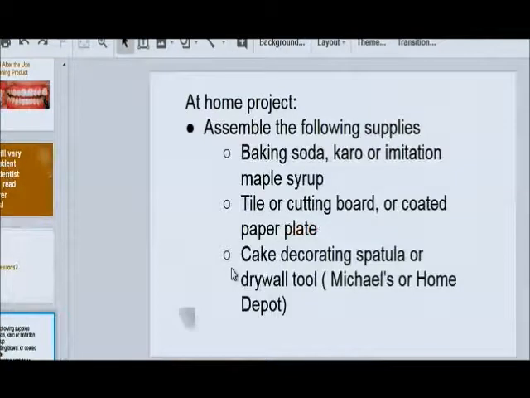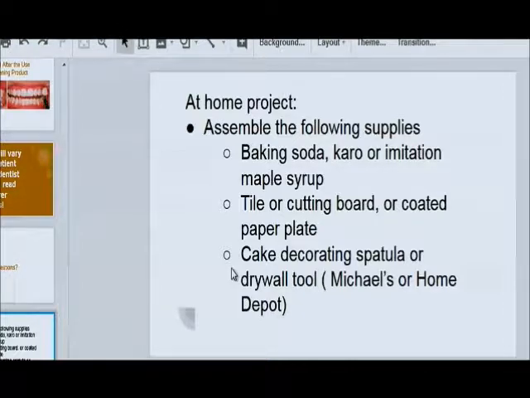And there is a little at-home project here that I suggest at the end of this. Get yourself some baking soda and some Karo syrup or some cheap maple syrup, some imitation, and get a tile or a cutting board or even a coated paper plate and mix the baking soda and the Karo syrup together to practice mixing dental cements.